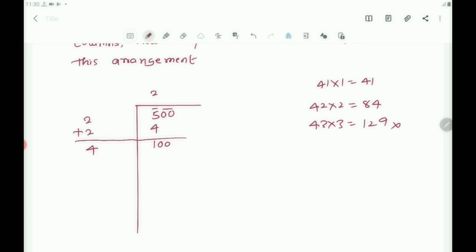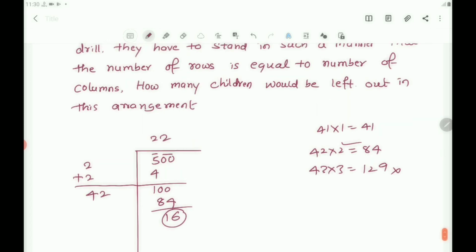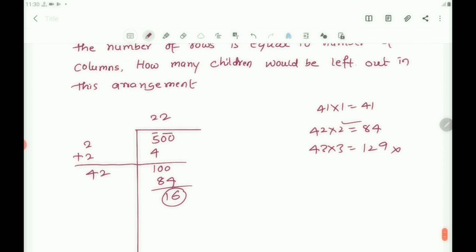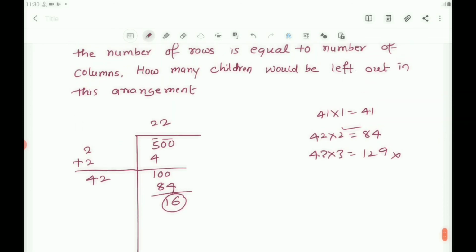Now you take the second one. 42 twos are 84. Then subtract 84 from 100. 10 minus 4 is 6 and 9 minus 8 is 1. 16 is remaining here. Here 22 rows, 22 columns are there. So how many children are remaining here? 16 children would be left out in this arrangement.